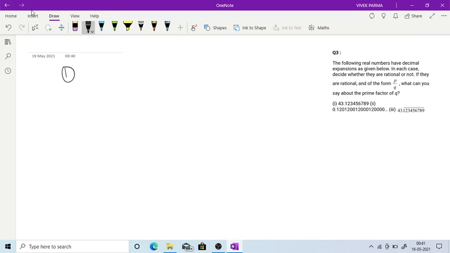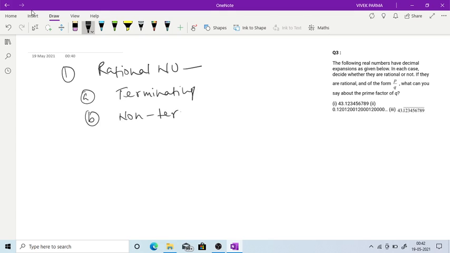In the previous video, we studied that for a rational number, two types of decimal expansions are possible: first, terminating, and second, non-terminating repeating, right?